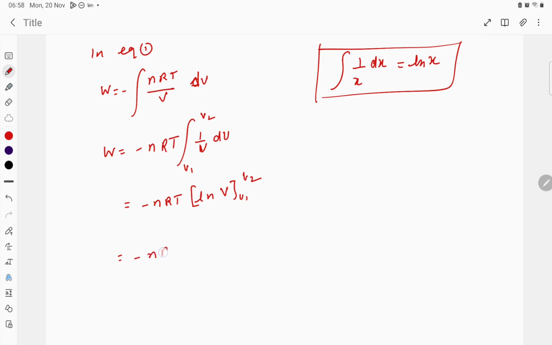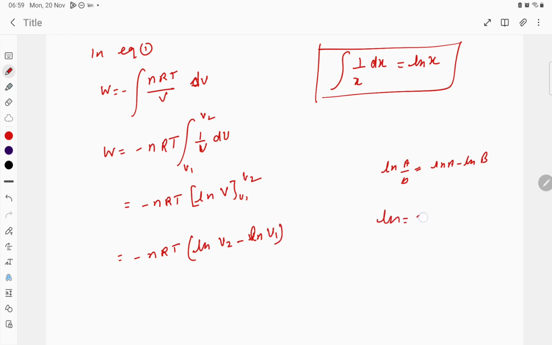Here is minus nRT, and what we can write is ln A by B, which is ln A minus ln B. So we are splitting this one: ln V2 minus ln V1.